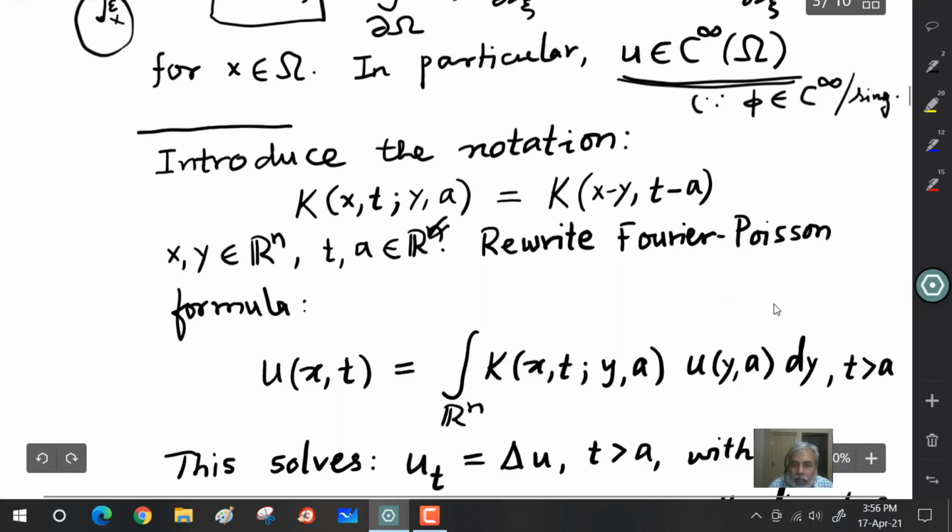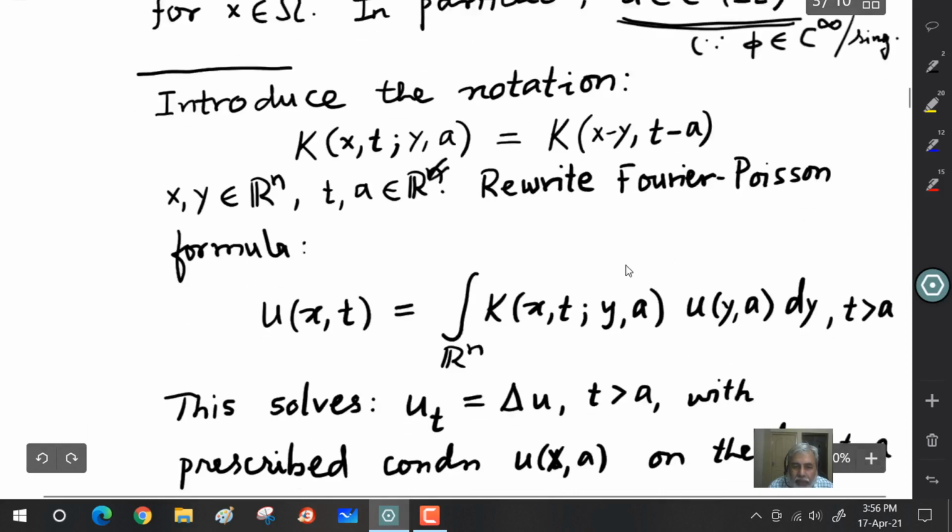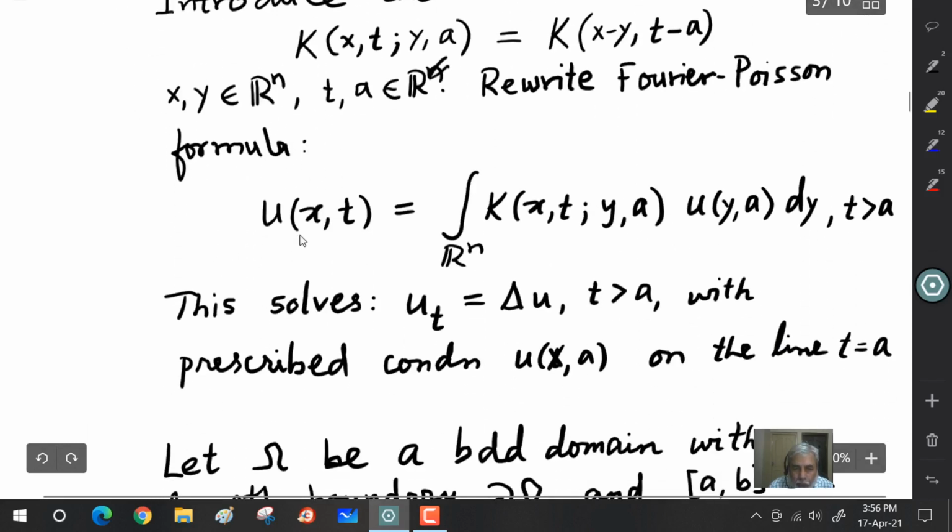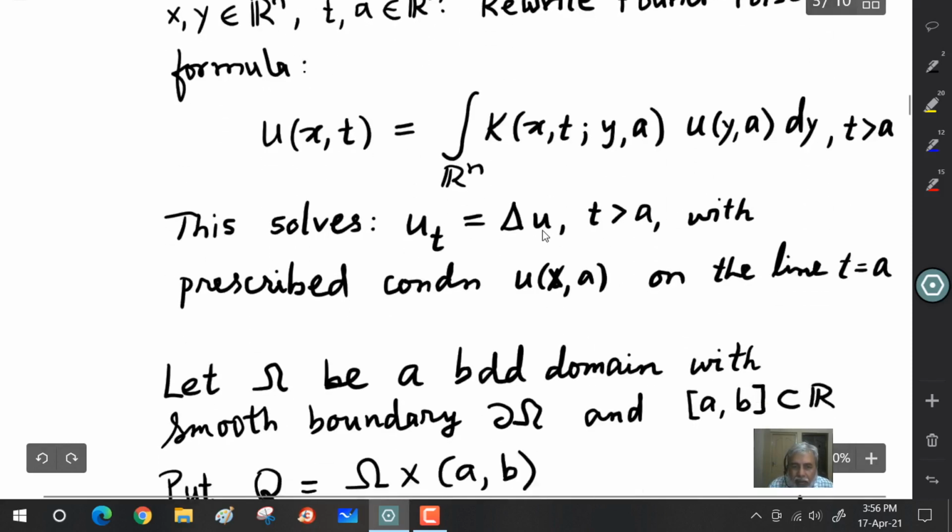Okay, and we rewrite the Fourier-Poisson formula with this notation, as u of x, t equal to the integral of k of x, t, y, a times u of y, a dy, and this formula now gives, under appropriate conditions on u of y, a etc., a solution of the heat equation for t bigger than a with the prescribed condition u of x, a on the line t equal to a.